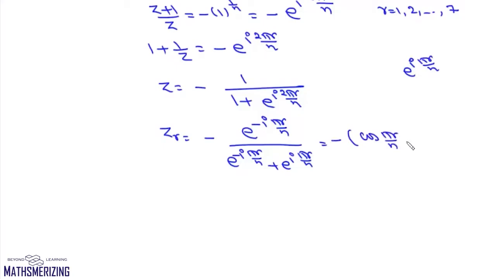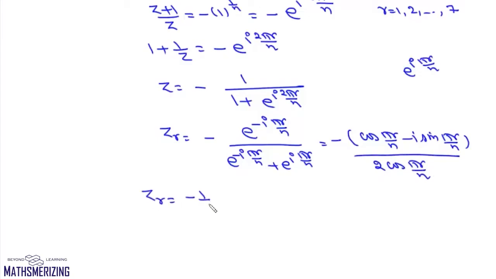cos pi r by n minus iota sine pi r by n upon 2 cos pi r by n. So we can write this zr as minus 1 by 2 plus 1 by 2 iota tan pi r by n.